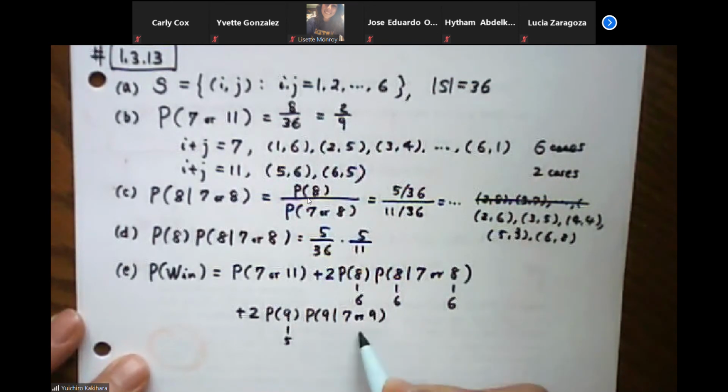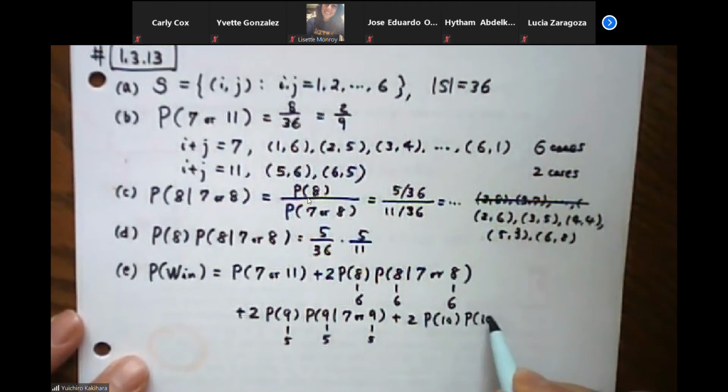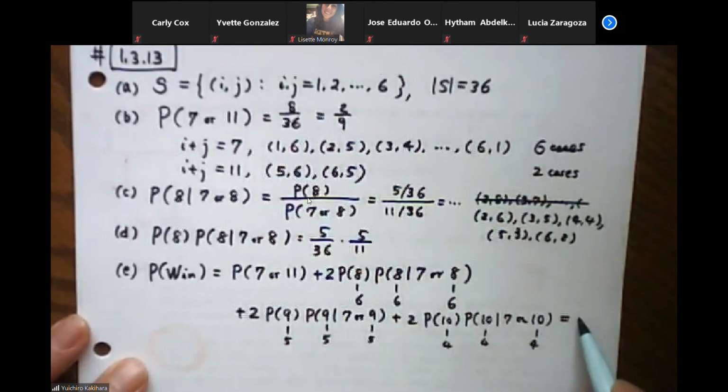Finally, we have 2 times the probability of 10, and then probability of 10 and 7 or 10. This 10 is replaced by 4. So this is 1, and then calculate this guy. That's the answer.